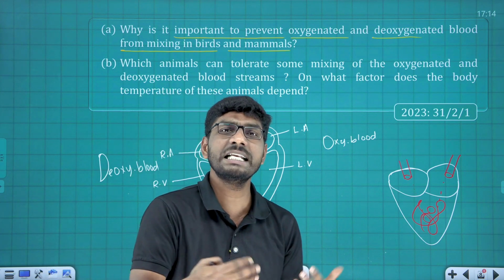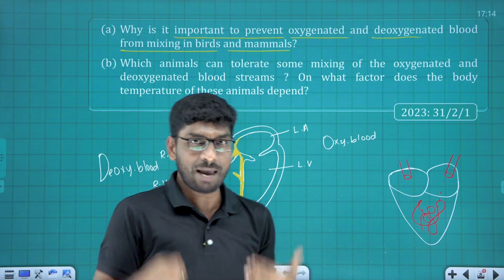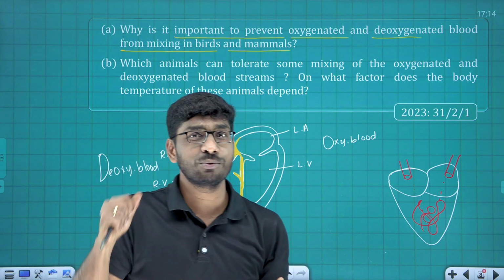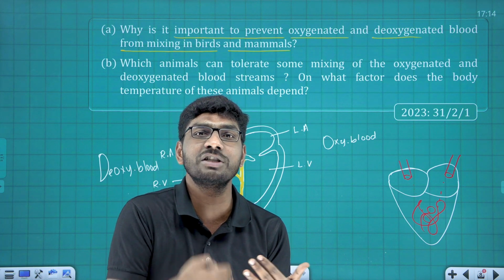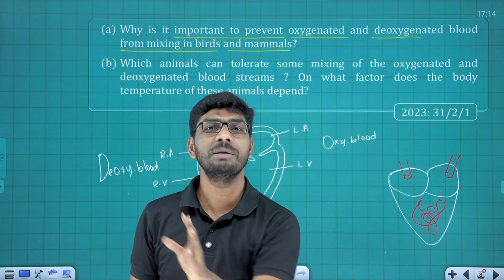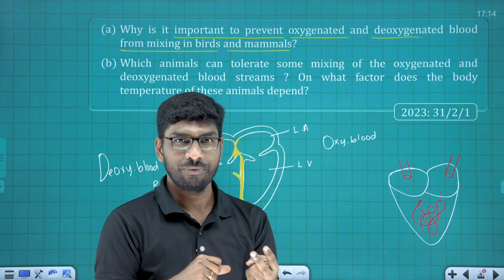They can easily change their body temperature according to the environment. For example, if I am an amphibian and outside it is 25 degrees Celsius, I can easily bring my temperature down to 25, equal to the environment. That's called poikilotherms, cold-blooded animals: amphibians, reptiles. Are you with me?